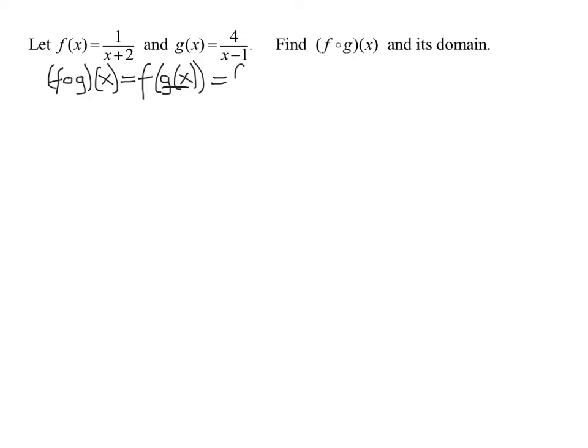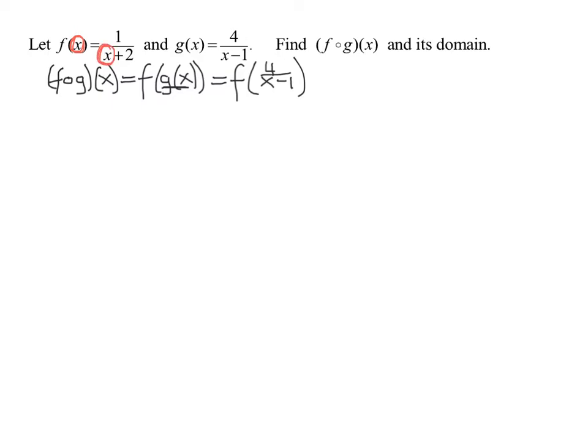So that means I need to find f at what is g of x? Here's g of x is 4 over x minus 1. So I'm going to have to find f at 4 divided by x minus 1. This is where it can get a little bit tricky because there are so many x's. But remember, f of x says f of something is 1 over that something plus 2.